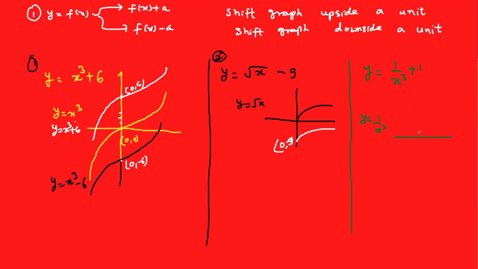X cube graph looks like this. Then shift 1 unit upside, right? The same graph will shift upside.